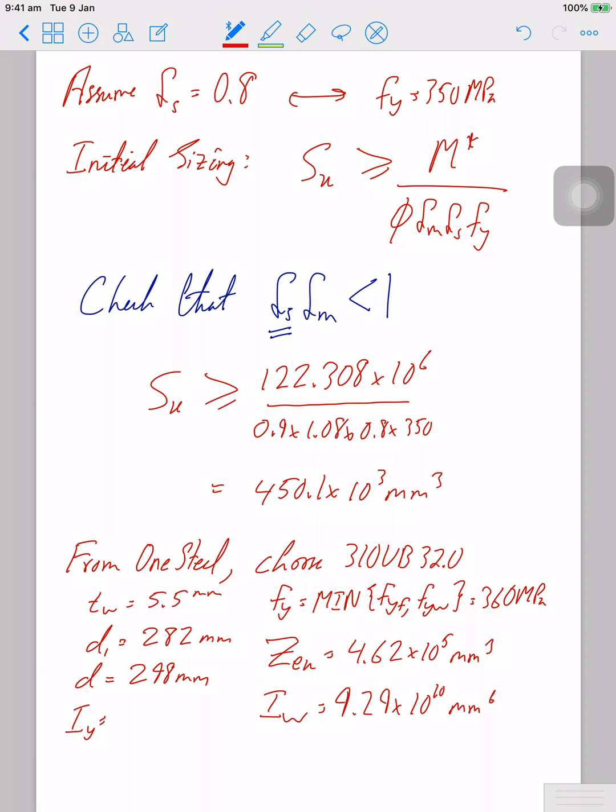Second moment of area, then your J. So these are the details that you pick up from your catalog.